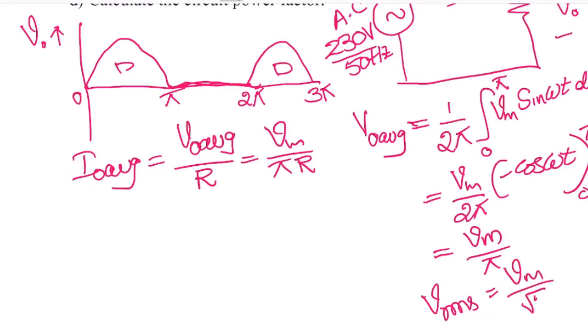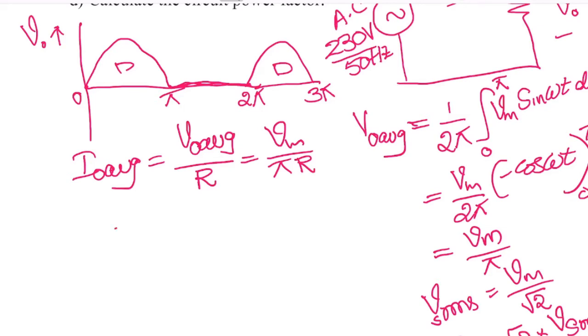For a pure sinusoidal waveform, the RMS value is the maximum value divided by root 2. Because it is the supply RMS, I can write Vs RMS. Then Vmax is equal to root 2 times the supply RMS voltage.